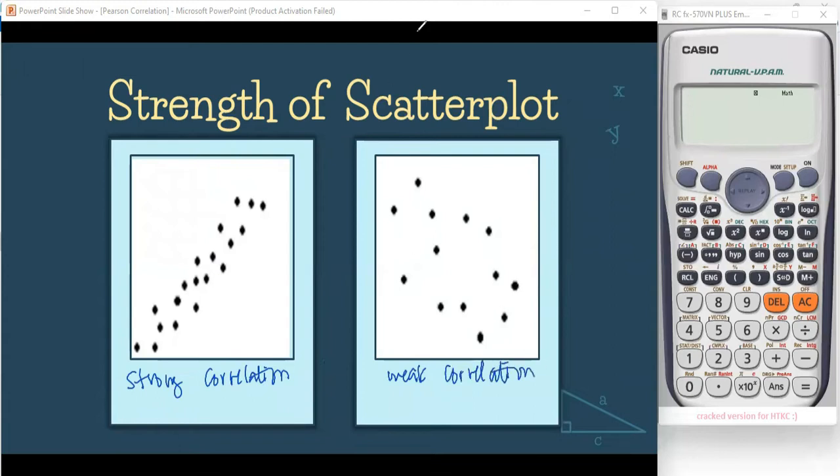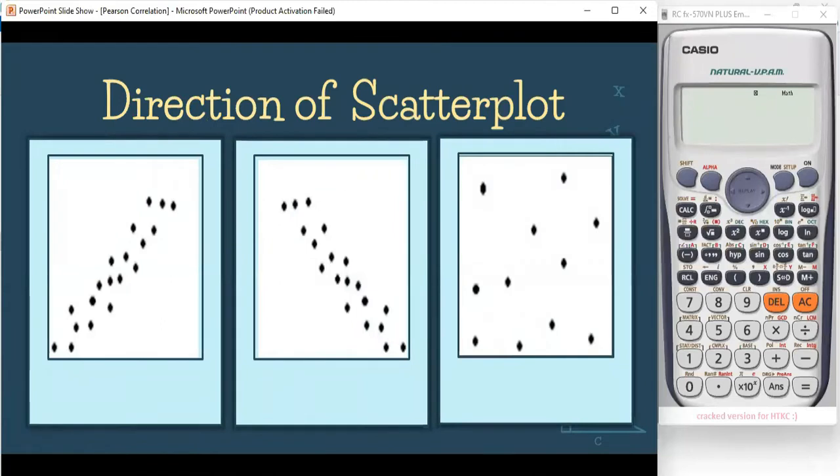Now, my dear students, what do we call direction? When we say direction, it is one of these three. First, when the scatter plot rises from left to right, that is what we call a positive correlation. What does positive correlation mean? When variable 1 increases, variable 2 also increases. But when variable 1 decreases, variable 2 also decreases.